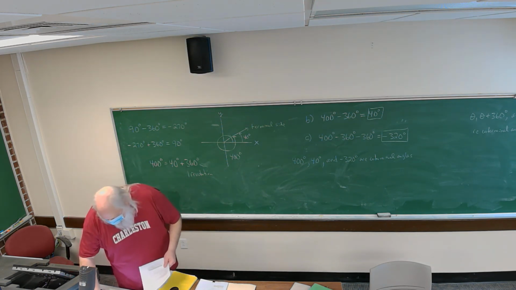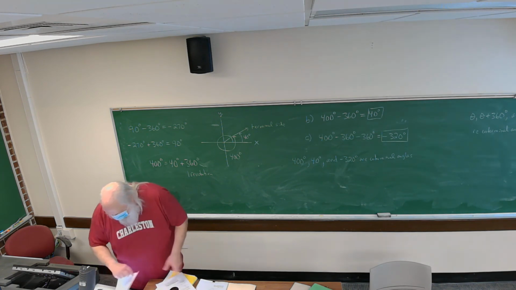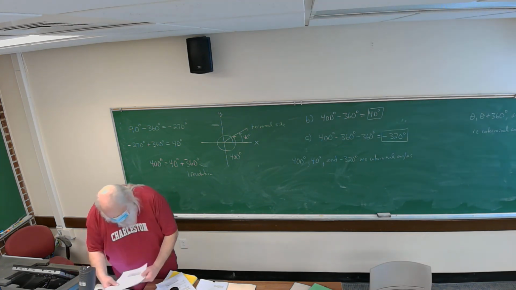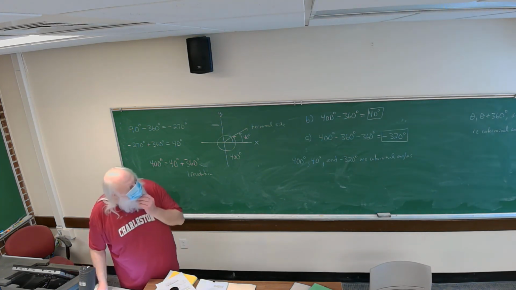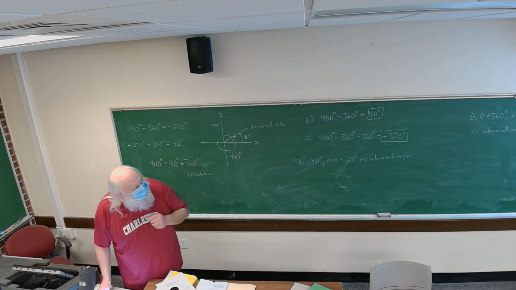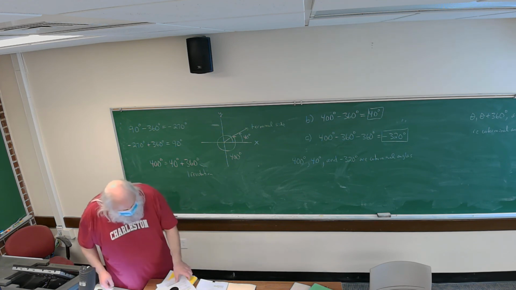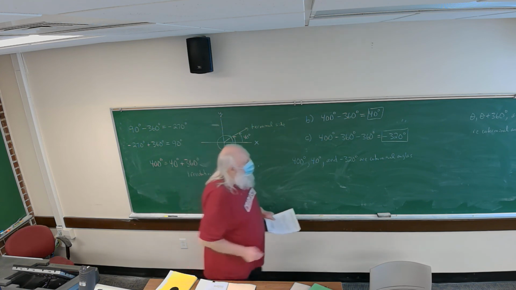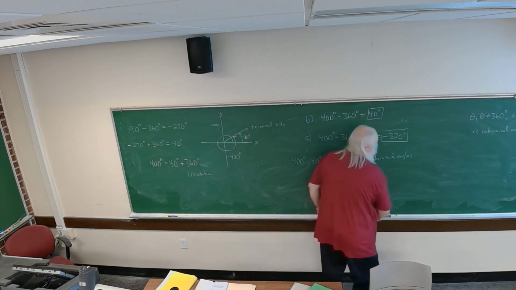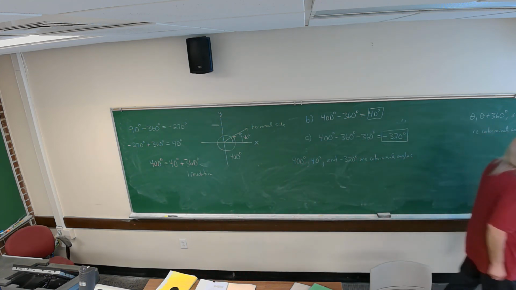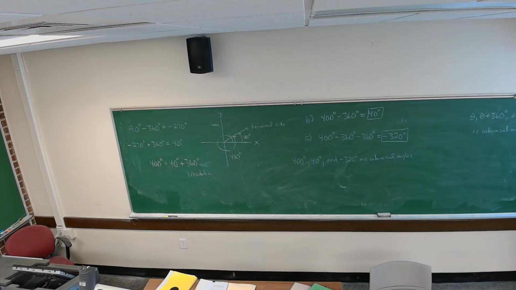All right. The second way of measuring an angle is using what's called radian measure. And radian measure is based upon the arc length, the length of an arc. So here we have an angle theta in standard position, right?